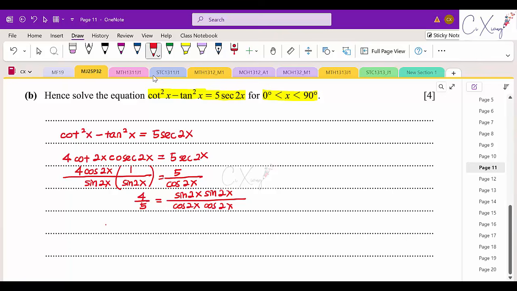Okay, then from here, you'll see that sine over cos is actually tangent. And then you're having tangent x multiplied with tangent x, you're having tangent square x equals to 4 over 5. Alright, then to make the square disappear, you have to take square root.